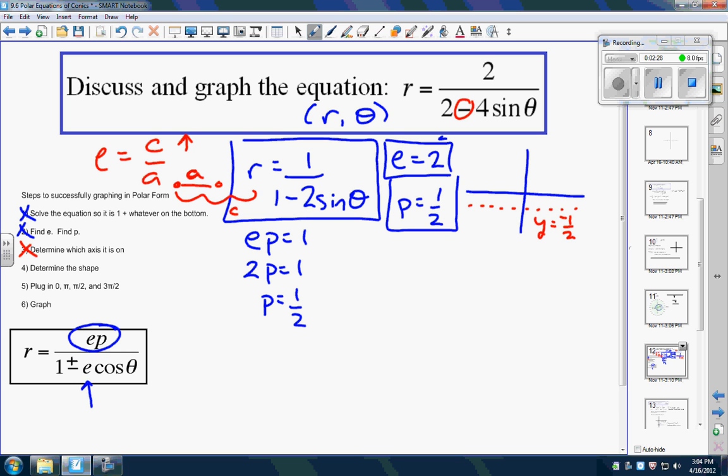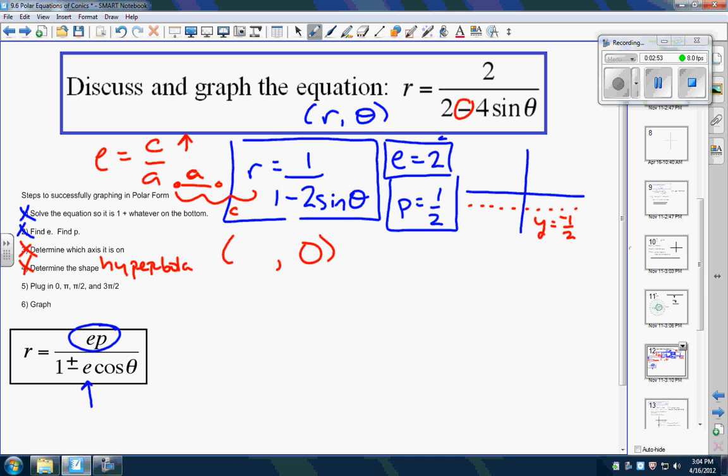So this guy has to be a hyperbola. Now we need to go plug in 0, pi, pi over 2, and 3 pi over 2. These are going to give us points. Okay, you do these steps, you're guaranteed to get a good start on these.